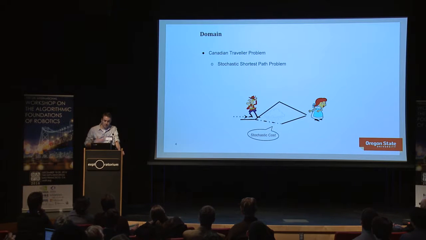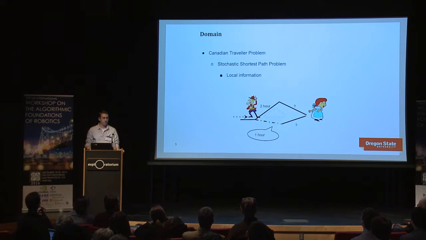And then the extension of this is the stochastic shortest path problem. This is where we're actually modeling the probability of that path being blocked or open. We're going to tweak this just a little bit for our purposes, and we're going to add local information being available.